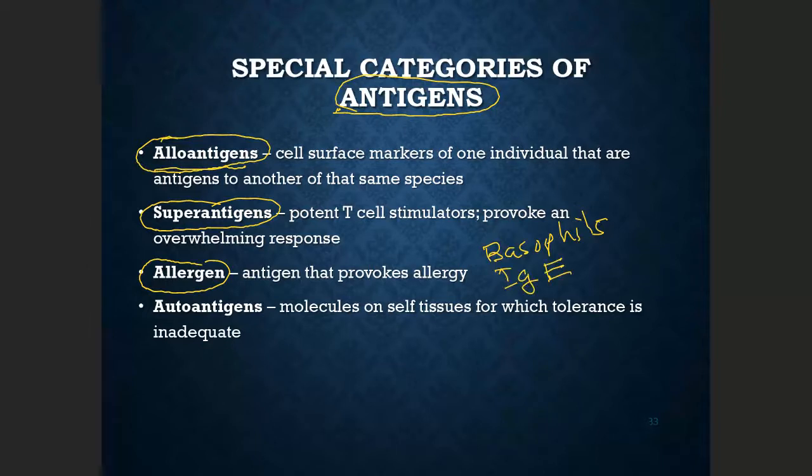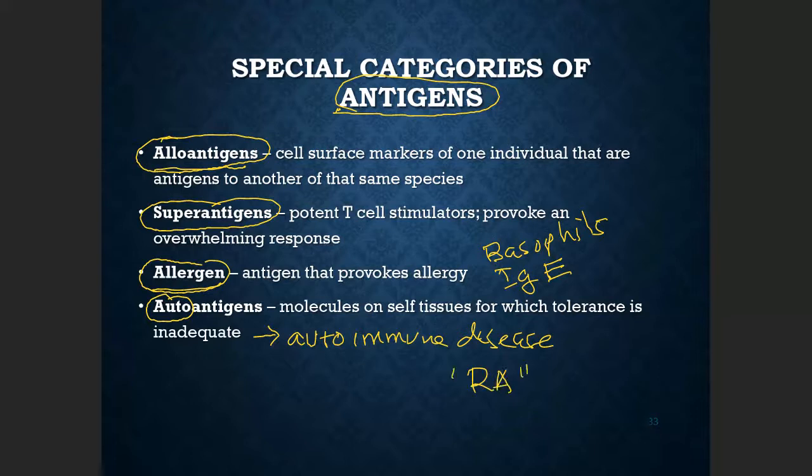So this is allergens. Autoantigens are our own cells that are actually provoking our immune system. And usually, if it is happening, we have what we call an autoimmune disease. For example, RA, rheumatoid arthritis.